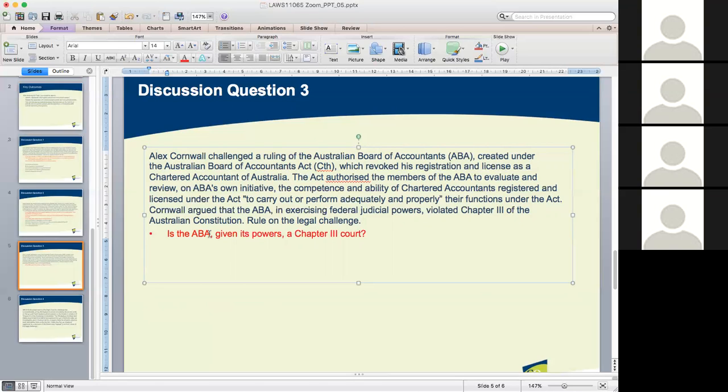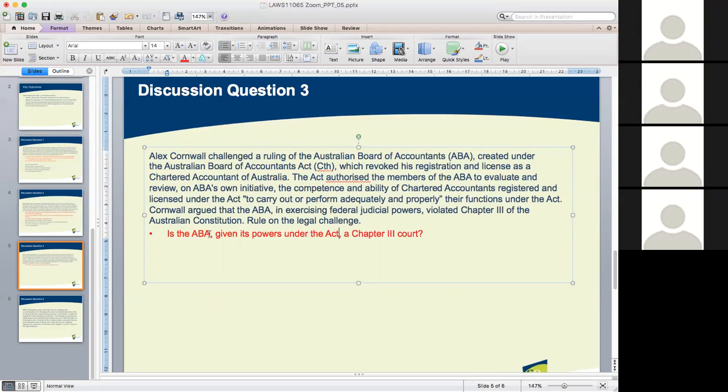Let's begin with that. What do you think? What is a Chapter 3 court? Can somebody try to answer? Can we begin by answering that legal issue there? Is the ABA given its powers under the Act a Chapter 3 court? Volunteers?